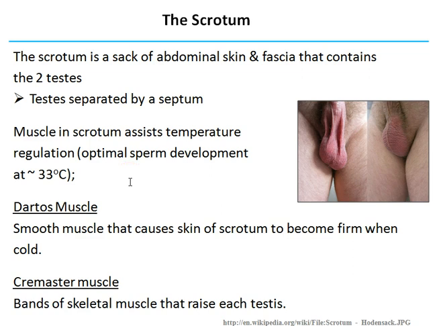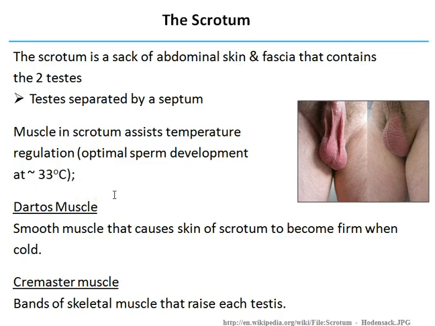Now, an important concept associated with the scrotum is that it helps regulate temperature. Optimal sperm development does not occur at the core body temperature of 37 degrees. It occurs at a lower temperature, about 33 degrees. So we need to be able to regulate temperature to cool the testes from core body temperature so sperm development can occur.